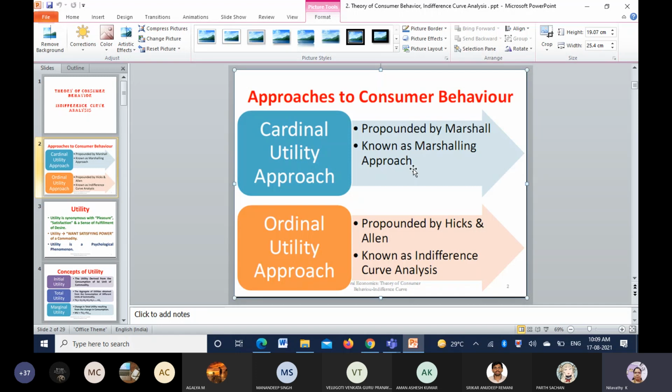For that, this cardinal utility approach is used, where a number will be given. So cardinal can be measured in terms of quantitative numbers.